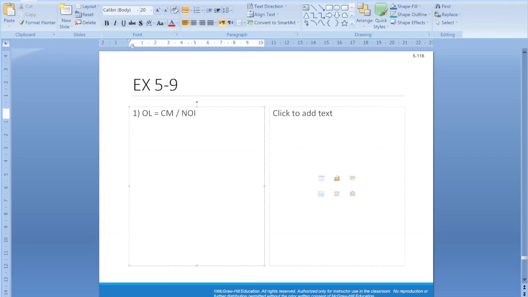That's all. The operating leverage is simply the contribution margin divided by the net operating income. So this equals 48,000 from the question.